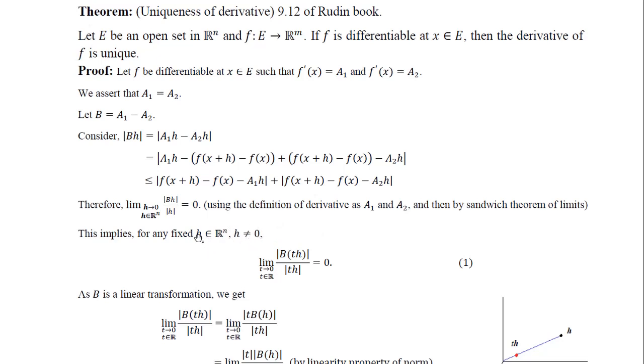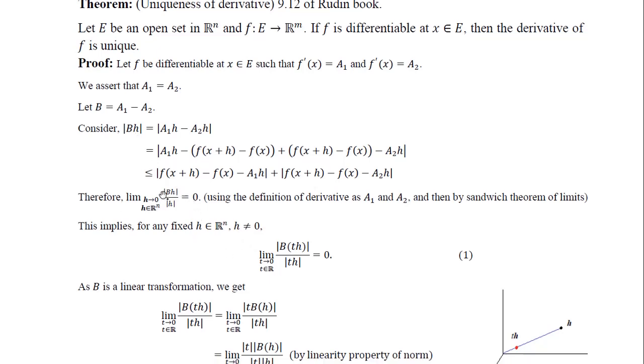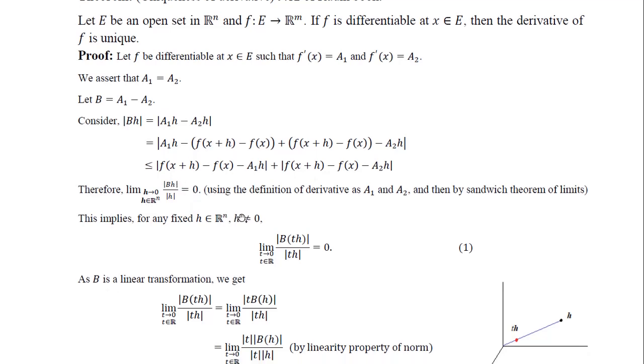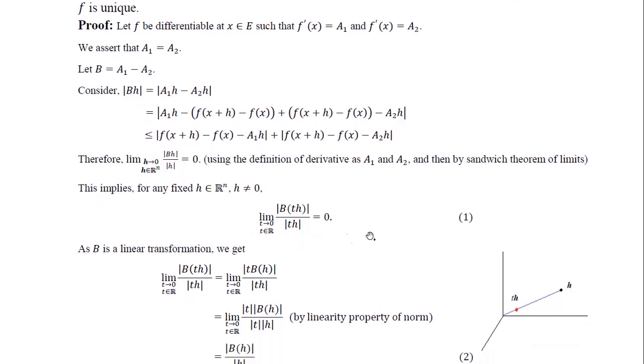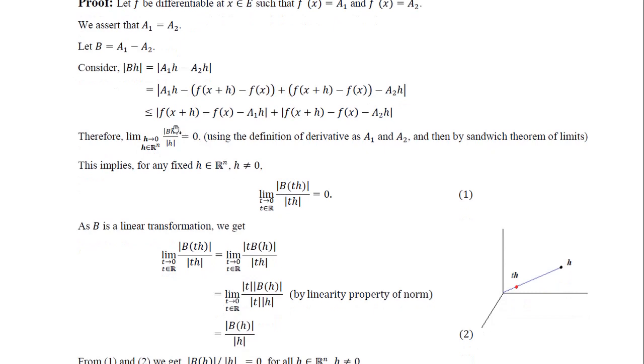So in this, we will arbitrarily fix any h belonging to Rn, but it should be non-zero. In that case, if we have h like this, then th will also be some non-zero vector in Rn. Now see, this portion tends to 0 as h tends to 0, where the vector h can come from anywhere, through any path.